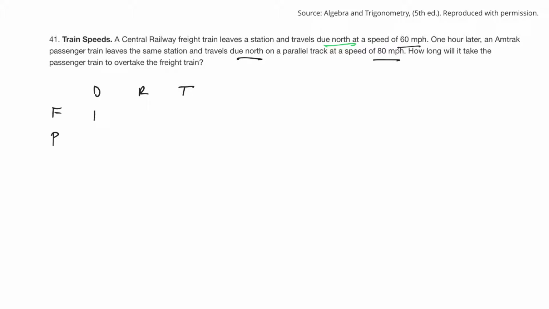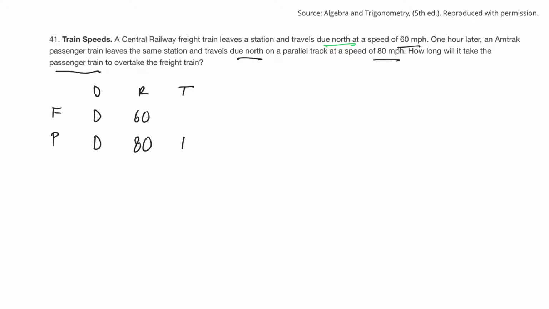So the distance, I don't know what the distance is for either of them, but I know the freight train is going 60 miles an hour, and I know the other one's going 80. Then the relationship between the time: we want to know how long it'll take the passenger train to overtake the freight train.